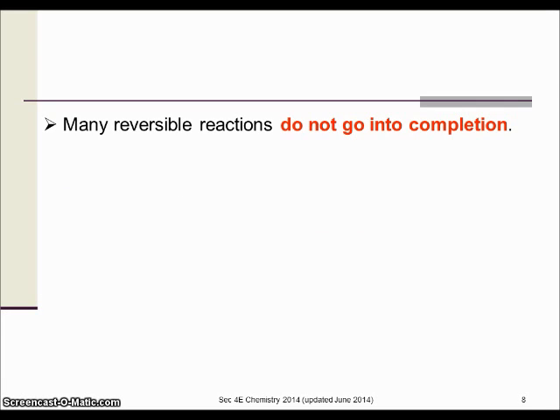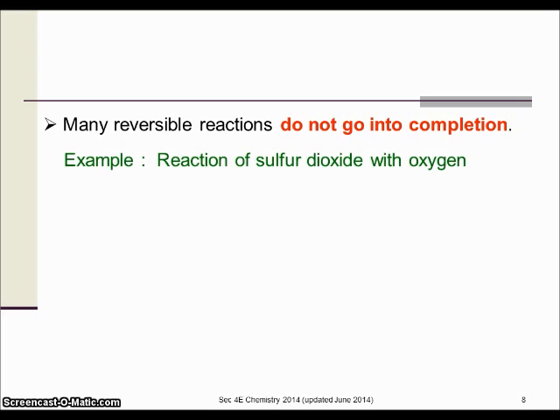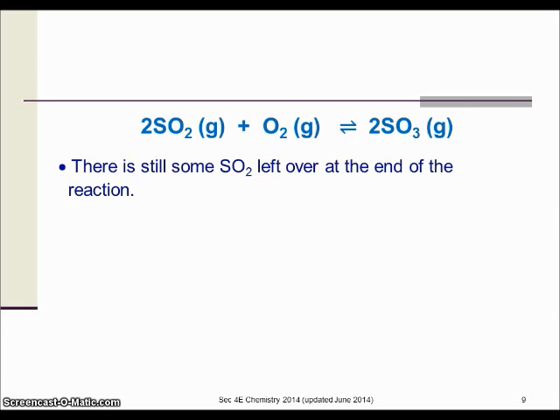Many reversible reactions do not go to completion. Let us look at the reaction between your sulfur dioxide and oxygen. There will still be some sulfur dioxide left over at the end of the reaction. If we carry out the reaction at about 450 degrees Celsius, about 2% of the sulfur dioxide will remain.